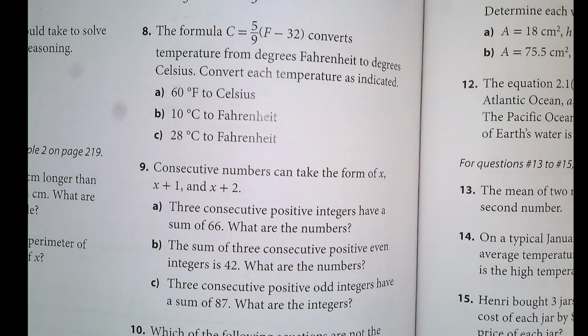Then on Thursday, we're going to start the very next section called multi-step equations.